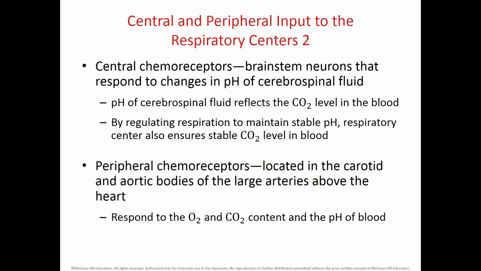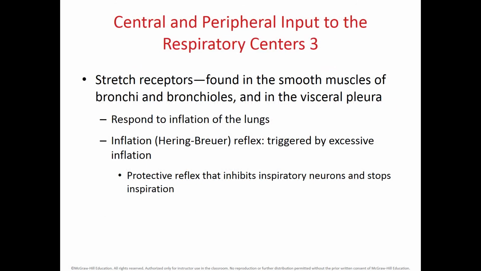Now, your peripheral chemoreceptors will be located, as we mentioned in the circulatory system chapter, within the carotid artery, specifically within the internal carotid, and then you will have these carotid bodies, and then the aortic bodies that you have there in the aortic arch will detect the changes in oxygen and CO2, and also pH levels in the blood.